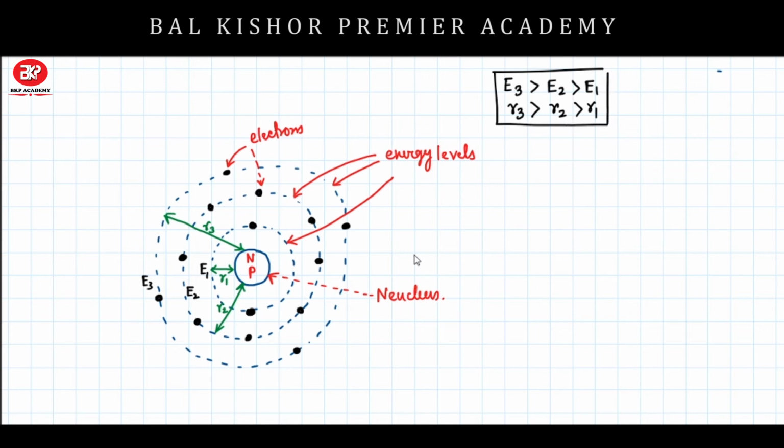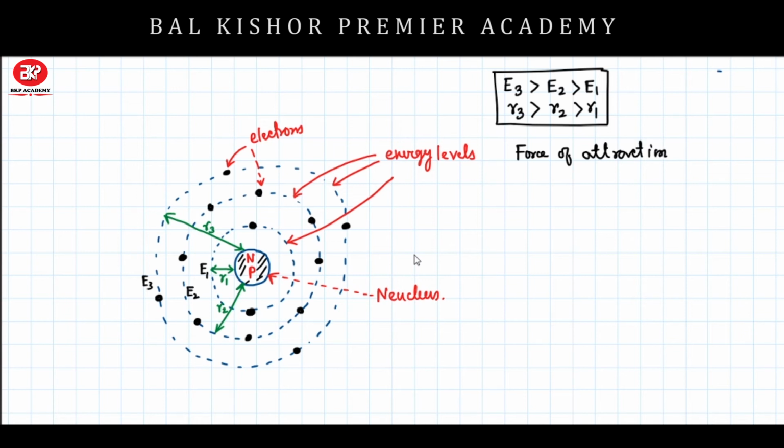Now these electrons are rotating around this nucleus depending on the force of attraction, because the nucleus is positively charged and electrons are negatively charged. So there will be a force of attraction between the nucleus and the electrons.